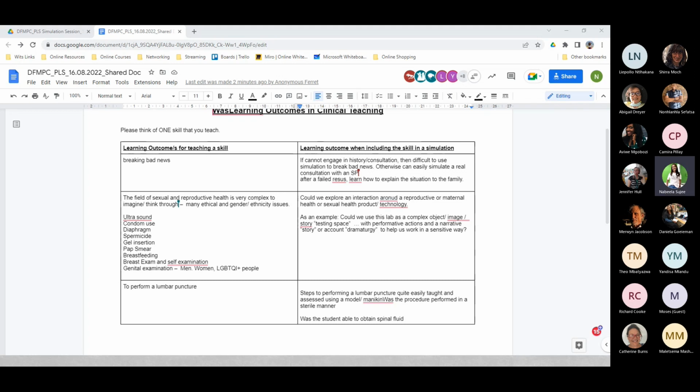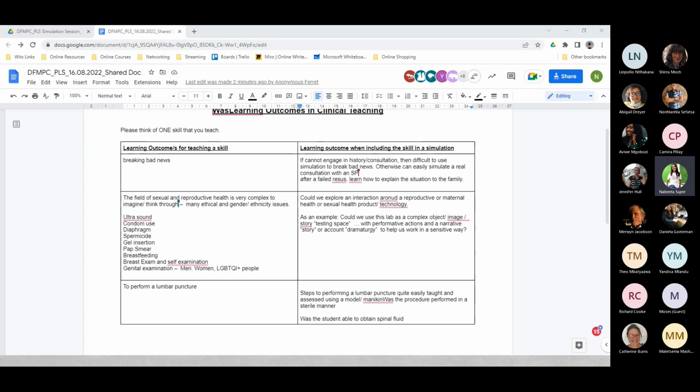If we have really good standardized patients, we don't tell the student what to do, but they go in and they learn from the entire integrated experience. And that's what simulation brings, that conventional skills teaching doesn't always bring.